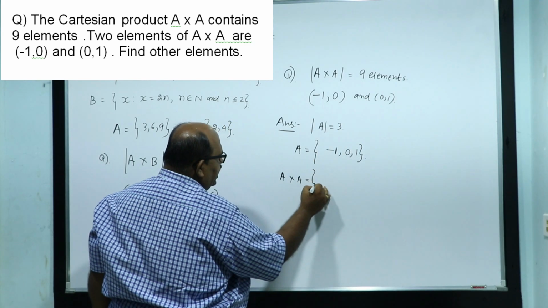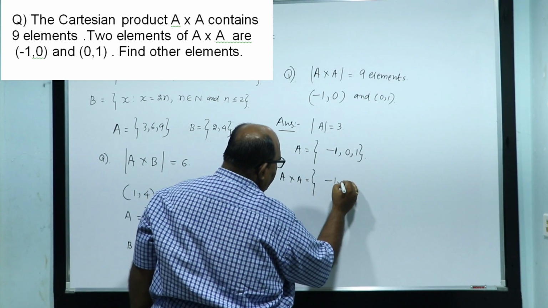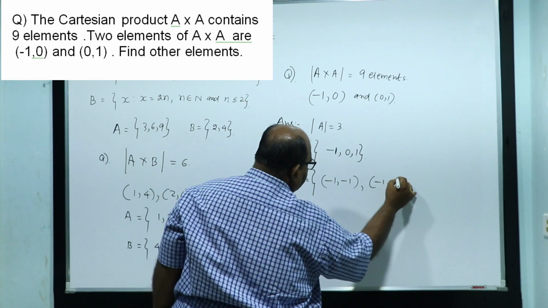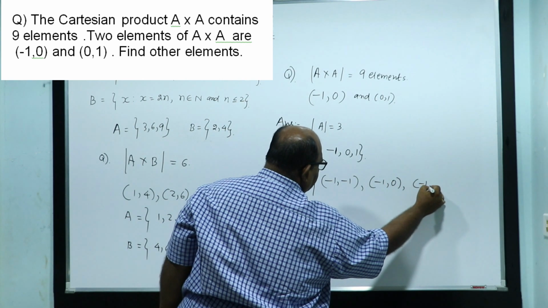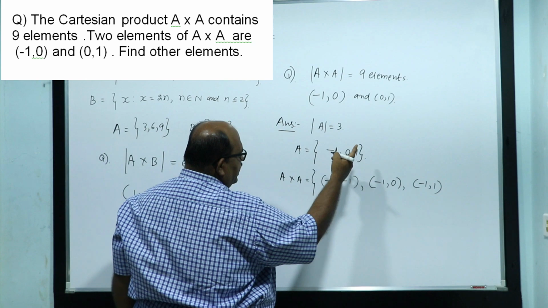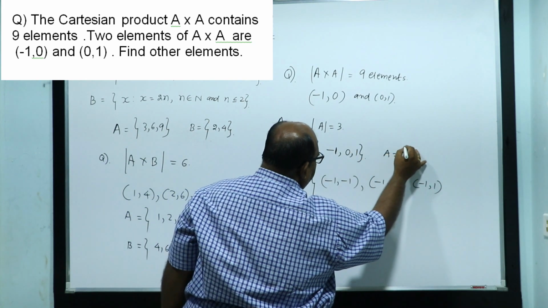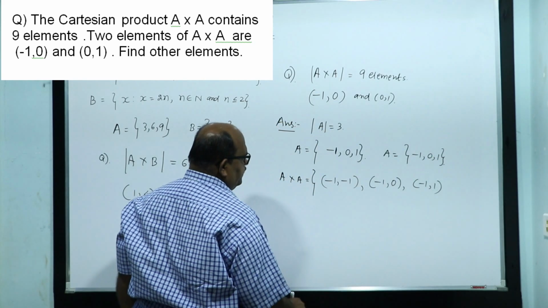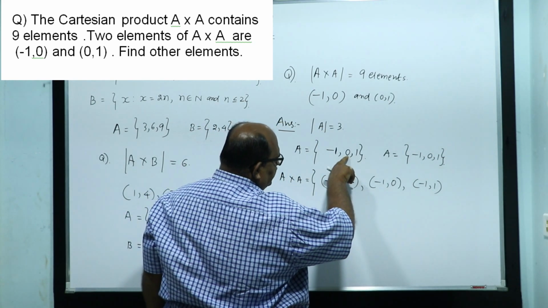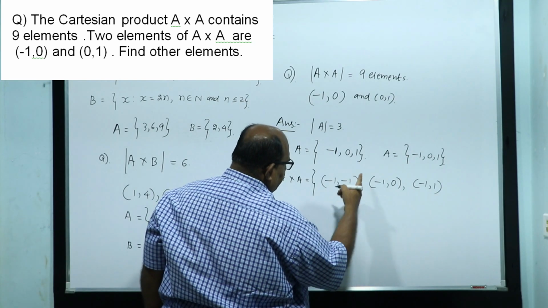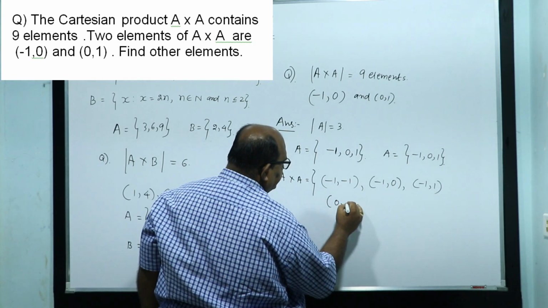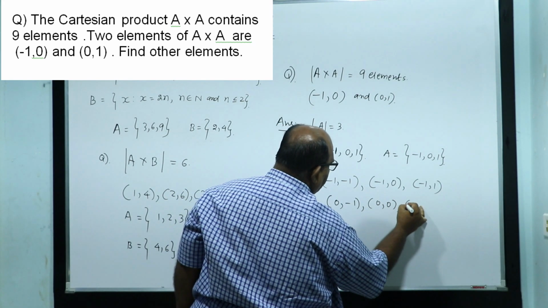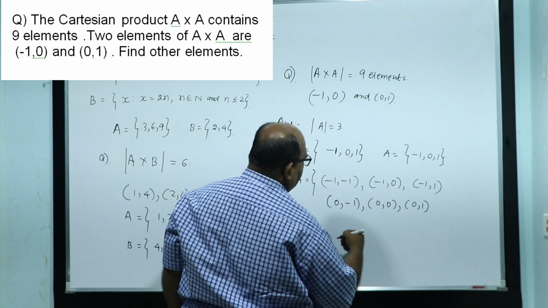Means A into A will come: (-1, -1), (-1, 0), (-1, 1). Write A again and multiply, you can get A into A. Similarly, multiplying 0 with the second A, what will we get? (0, -1), (0, 0), (0, 1).